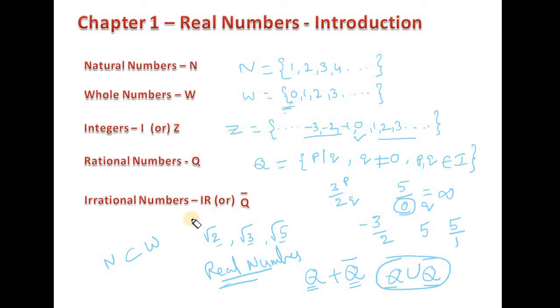But Z has both, along with 0, 1, 2, 3, 4, it also has minus 1, 2, 3, 4. That means it is bigger than W. That means W is a subset of Z.